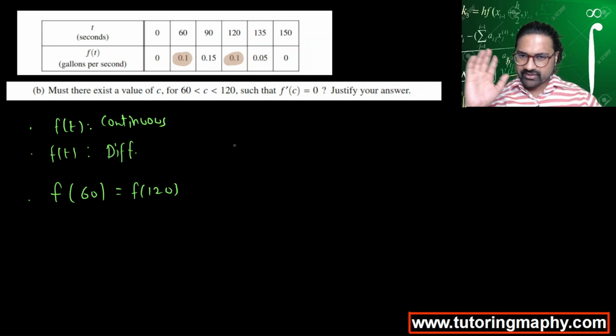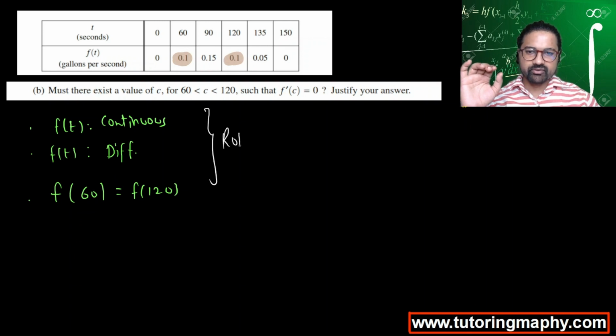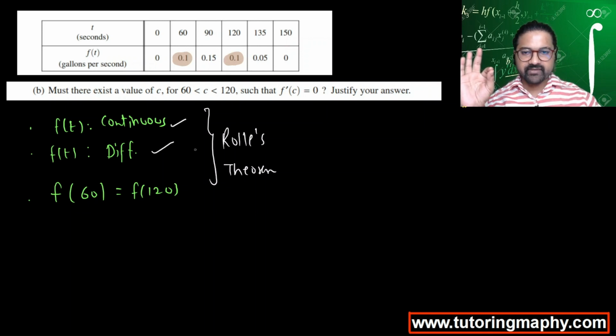Rolle's theorem. Let's remind ourselves what Rolle's theorem is. Rolle's theorem says that if a function is continuous, a function is differentiable, and f(a) is equal to f(b), where a and b are some values, then there exists at least one value of c between a and b such that f prime of c is 0.